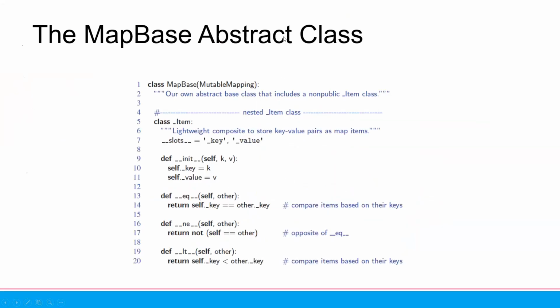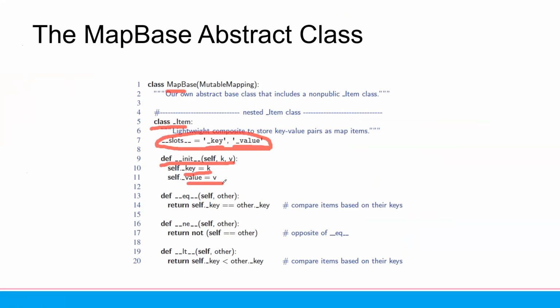In the map base, we can define the nested item. The nested item we can define with the implementation, whether it is the hash table, the unsorted list, or the sorted table, and so on. But we know that in the map there should be key and value. Those are the data that we are going to use, and when we construct an item, there will be key and value.